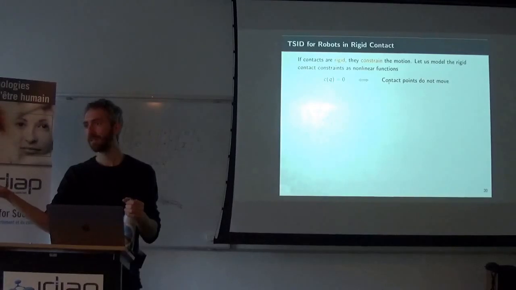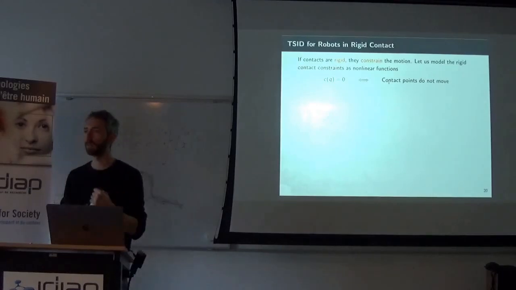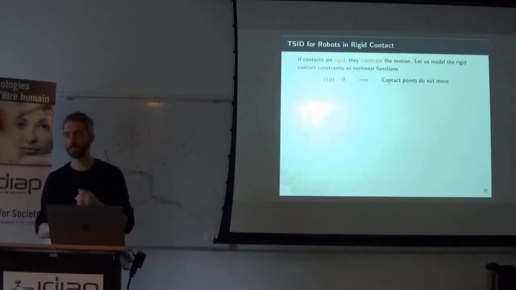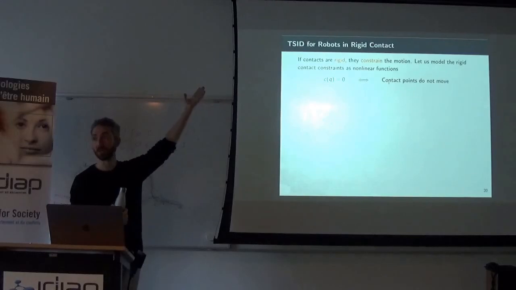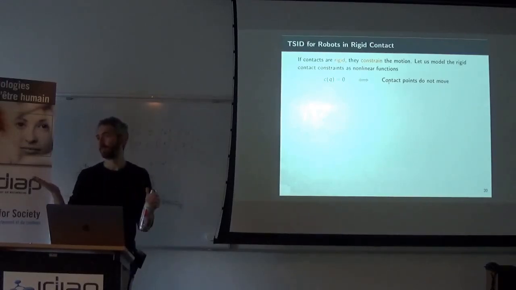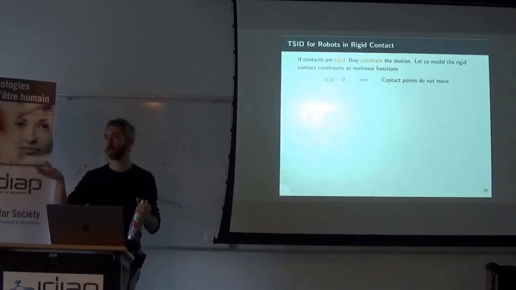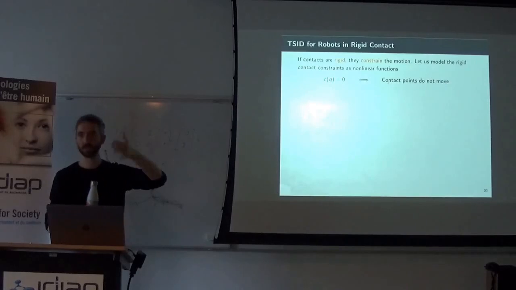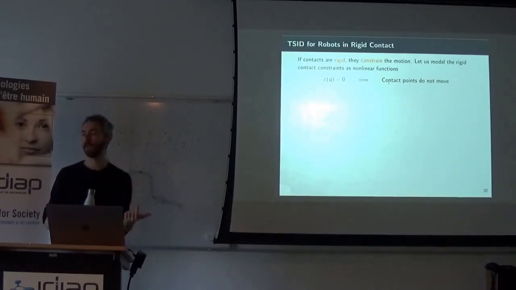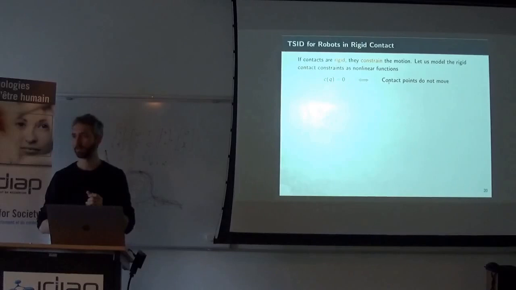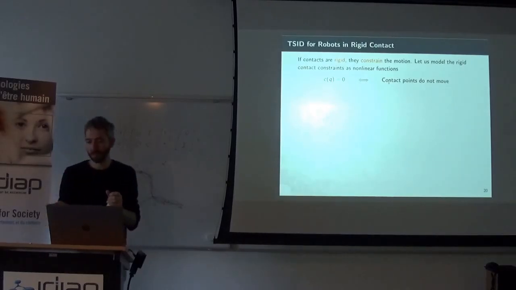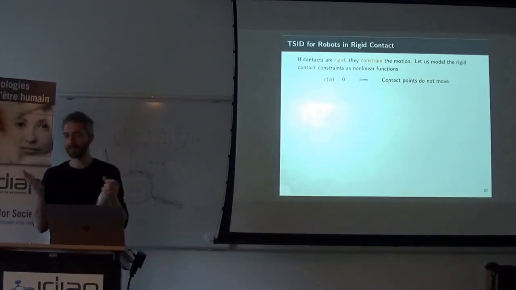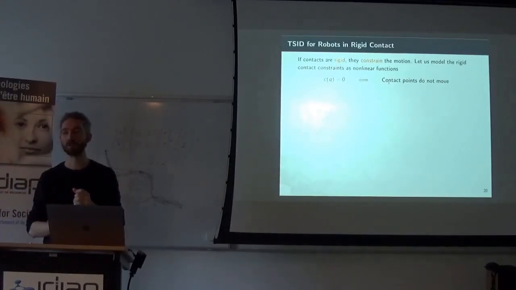The range of the function is not a binary variable. It's a continuous, smooth function. In practice, it's very similar to the task function describing the position of your end effector or the position of your foot. It's just that in this case, it represents a constraint, not a task or an output. But in practice, it's a forward kinematic function that Nicola probably talked about yesterday.